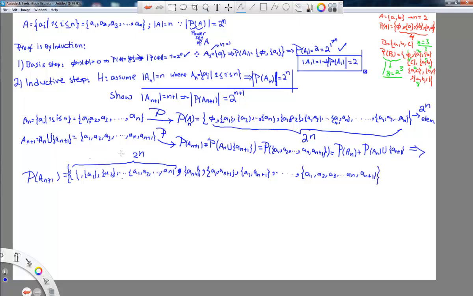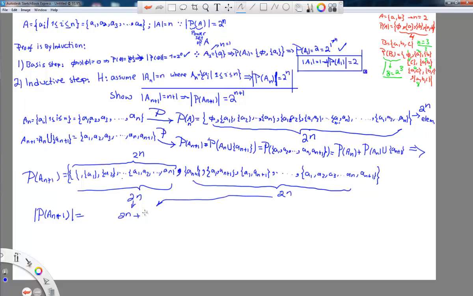Right? So if these were 2 to the n, these guys are going to be also 2 to the n elements. From here then, the size of the power set of A n+1 is going to be these first 2 to the n's plus these 2 to the n's, okay, 2 to the n, right?